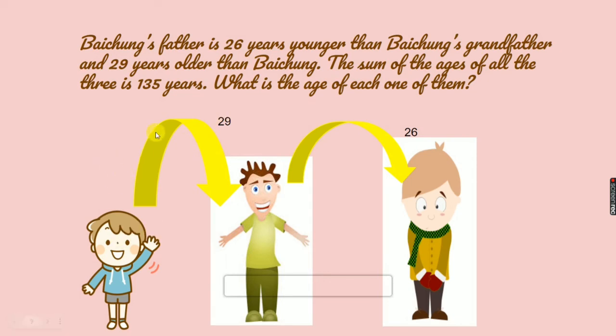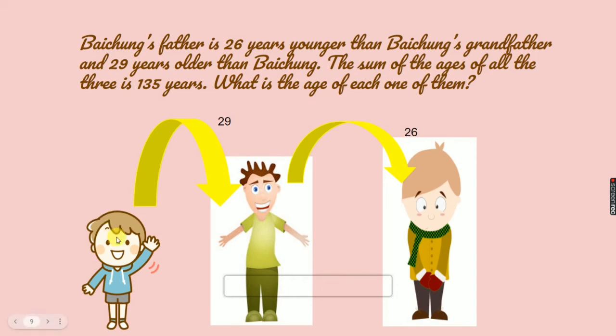Baichung is x years old. His father would be x plus 29. And his grandfather is 26 years older than his son. So grandfather's age would be x plus 29 plus 26.